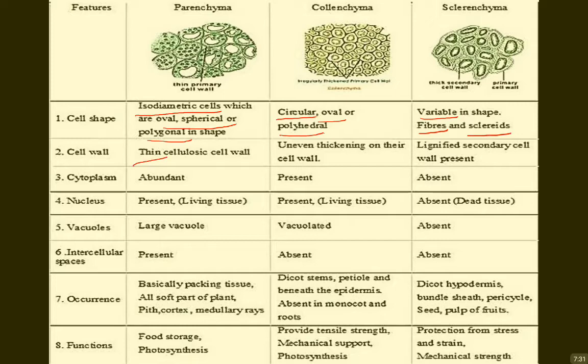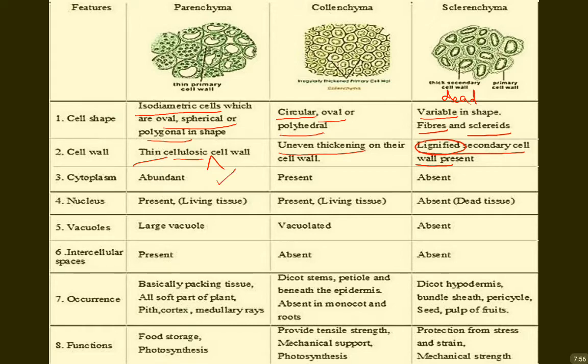Cell wall: thin cellulose, hemicellulose, and pectin cell wall. Collenchyma, unevenly thickening. Sclerenchyma, lignified secondary cell wall, meaning the component is made up of lignin, which is impermeable to water. So that's why sclerenchyma is a dead cell.